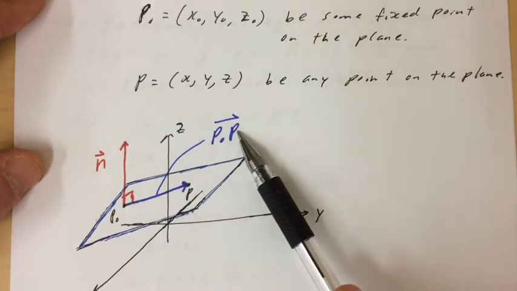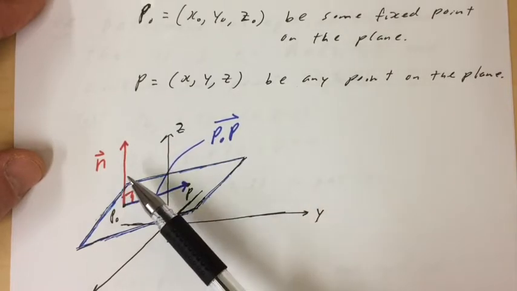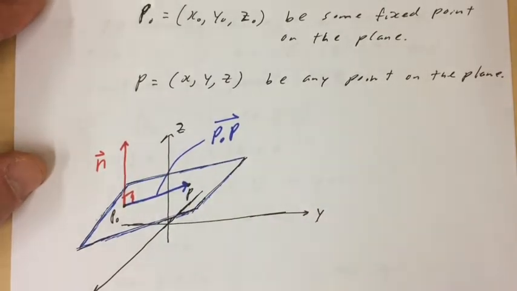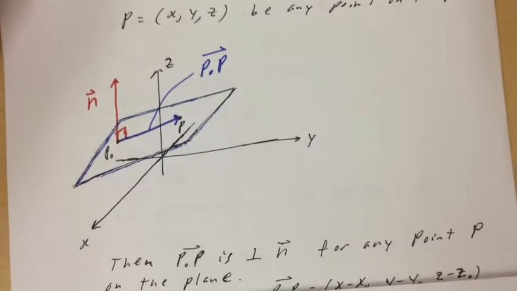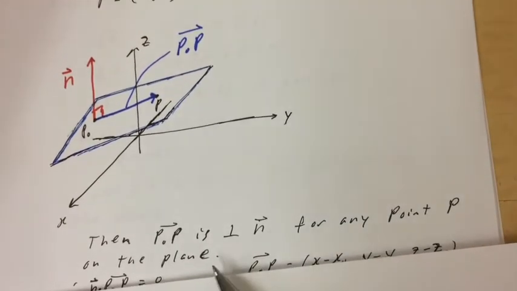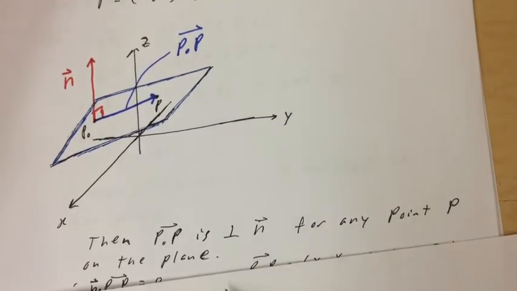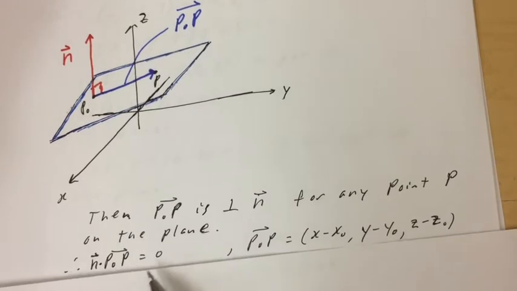So no matter what you choose for P, the dot product of P naught P with N is going to give you 0 because they're perpendicular. So P naught P is perpendicular to N for any point P on the plane. This means that N dot P naught P equals 0.